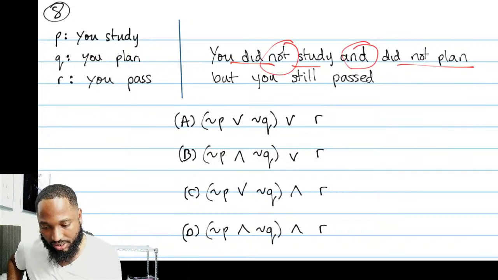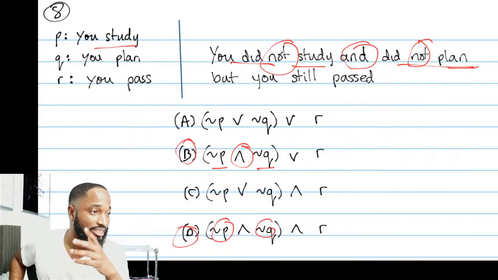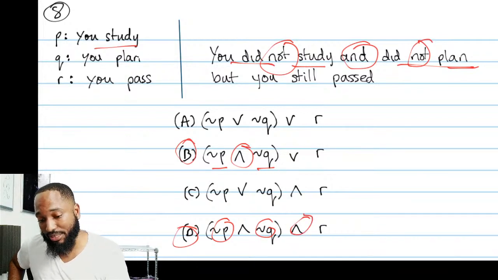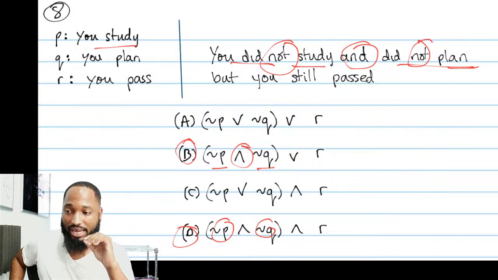Not study, not plan. Study, plan, pass. So not study and not plan. So it's either B or D. But is it an and statement or an or statement? It's an and statement.